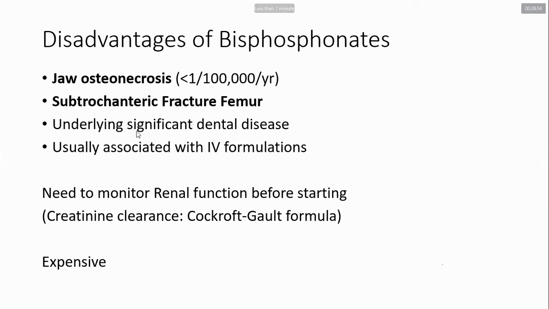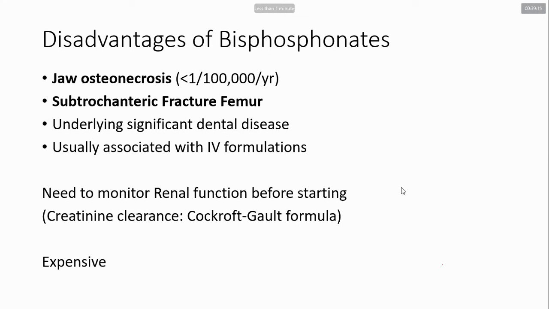But they argue that it is only seen in people with underlying significant dental diseases and IV formulations. But you have to be aware that the risk of taking bisphosphonates is that you can either have osteonecrosis of the jaw or subtrochanteric fracture of the femur.